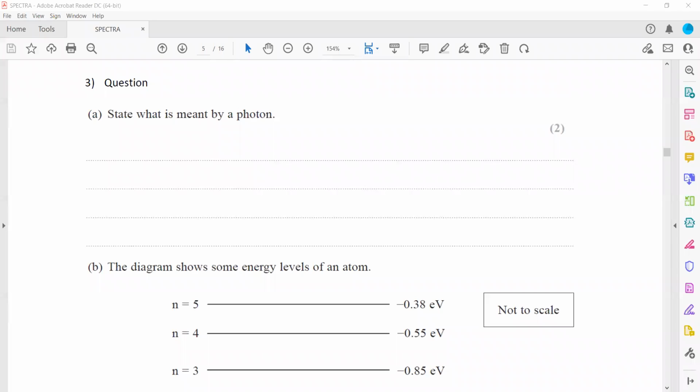If you just write packet of energy, you will not score full marks, because you have to mention packet of quantized energy, like fixed or discrete energy.